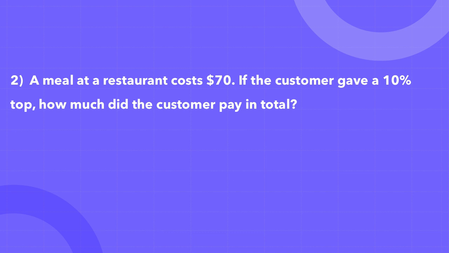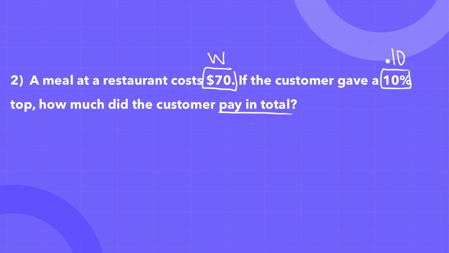Okay, let's look at number 2. We got a meal at a restaurant costing $70. That makes the 70 the whole. We want to give a 10% tip, so I'm going to change that to 0.10 or 0.1. And the question is, how much did the customer pay in total?